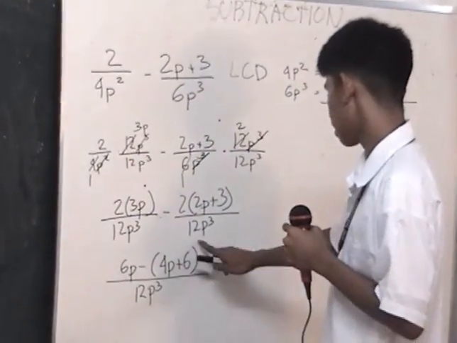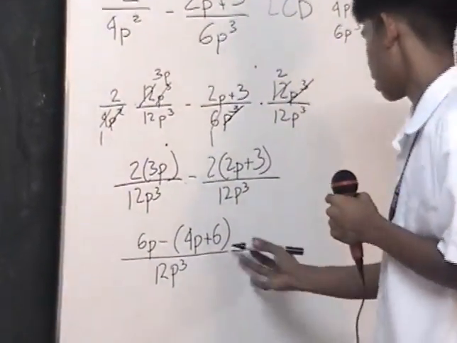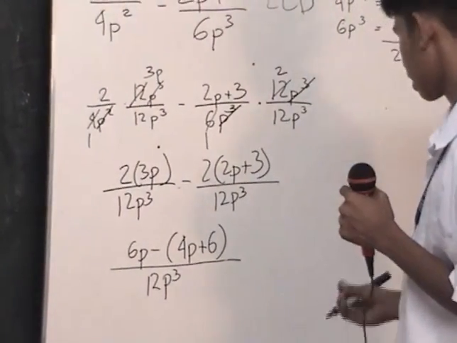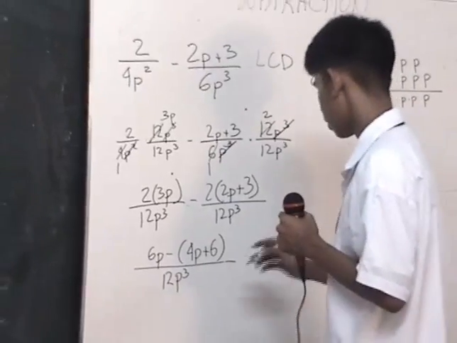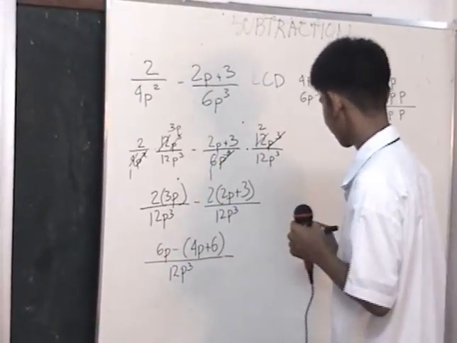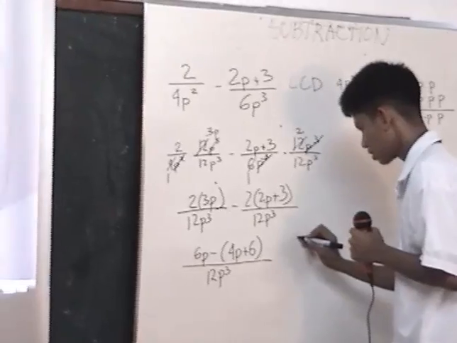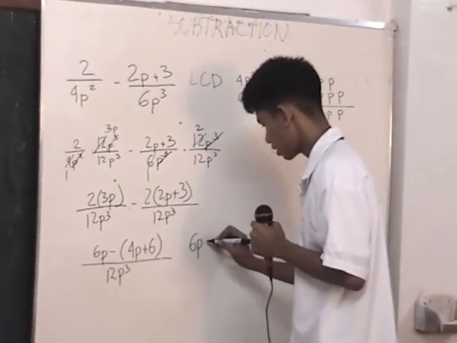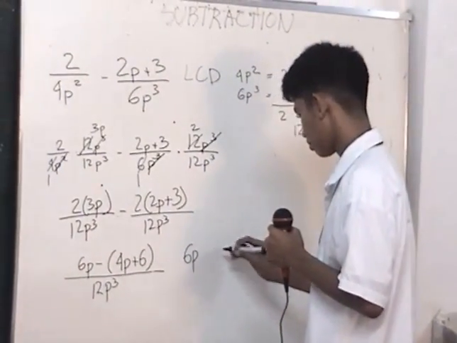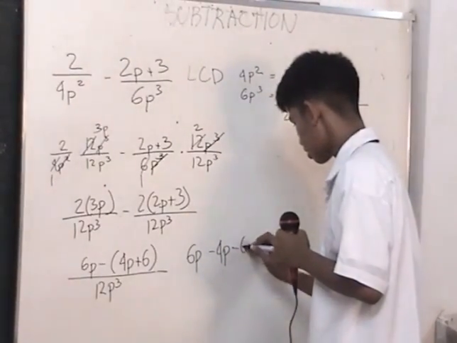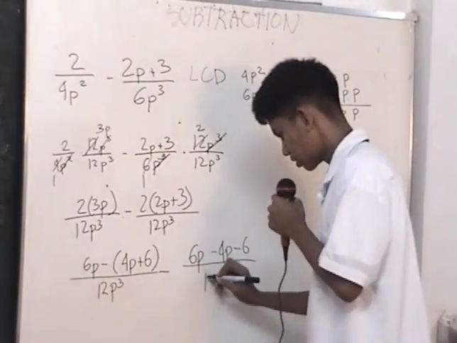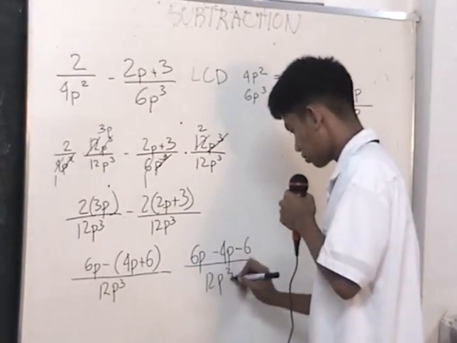In subtracting, we will change the signs. It will become 6p minus 4p minus 6 all over 12p cubed.